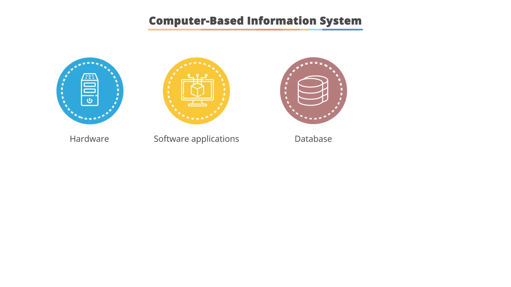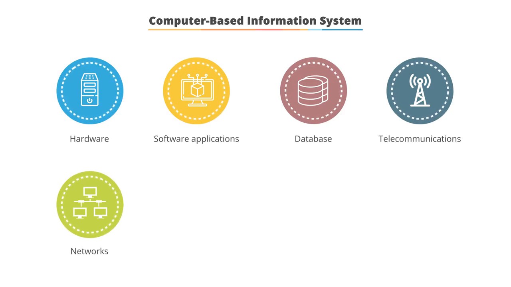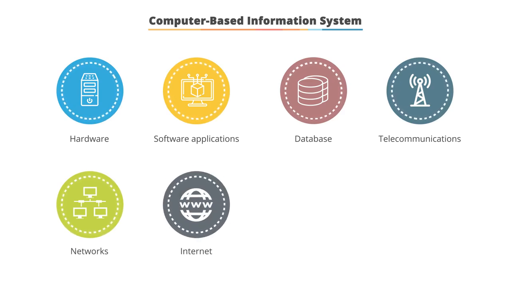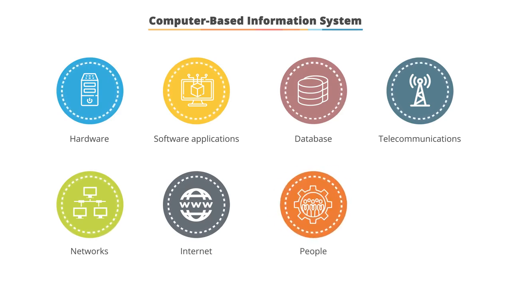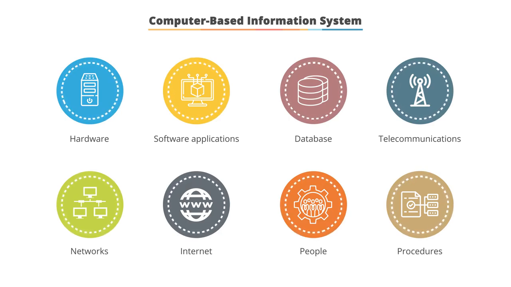Database, organized collection of facts and information. Telecommunications, electronic transmission of signals for communications. Networks, connected computers and equipment in a building, around the country and around the world. Internet is the world's largest computer network. People are used to manage, run, program, and maintain the system. And finally, procedures that are strategies, policies, methods, and rules for using a computer-based information system.